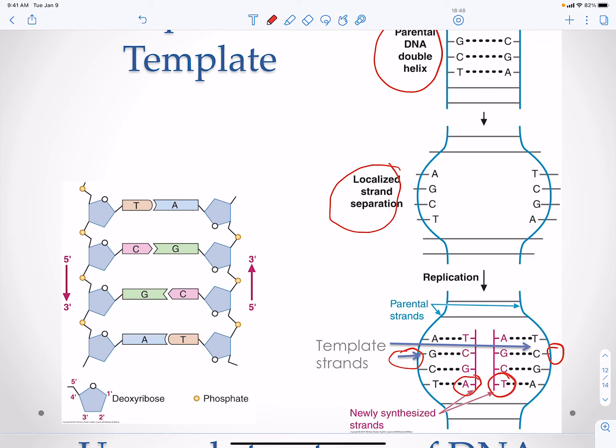And so, again, this has to do with the DNA strands being anti-parallel. So here, of course, your daughter will have a T, and here it will have an A, which is complementary to the parent strand, but they're the newly synthesized strands. So the template strand is very important in the fidelity.